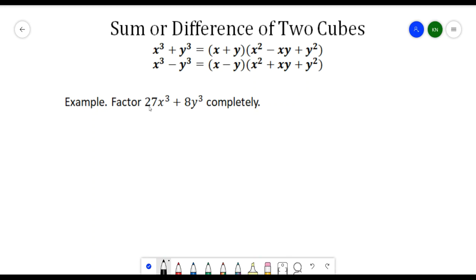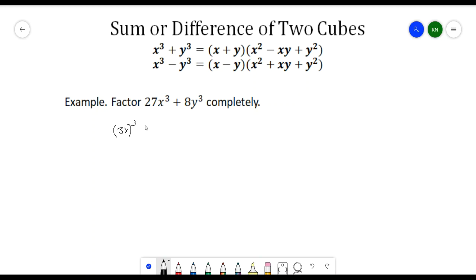Now, given this, we can find the cube root of our 27. As we know, the cube root of 27 is 3, and then we have our x. So basically, it is just the same. If you cube this, if you multiply this 3 times by itself, that will result to 27x cubed.